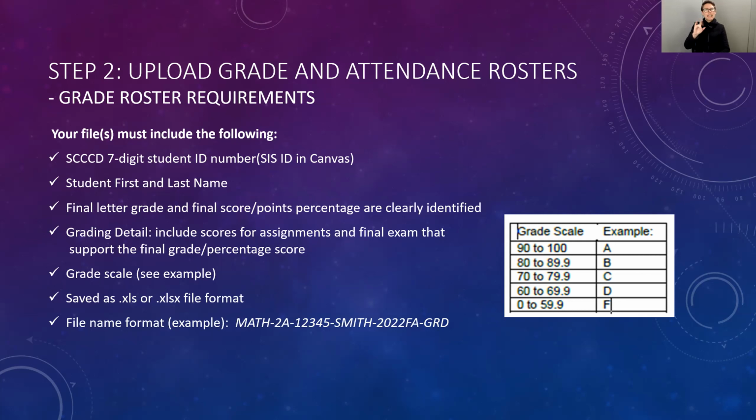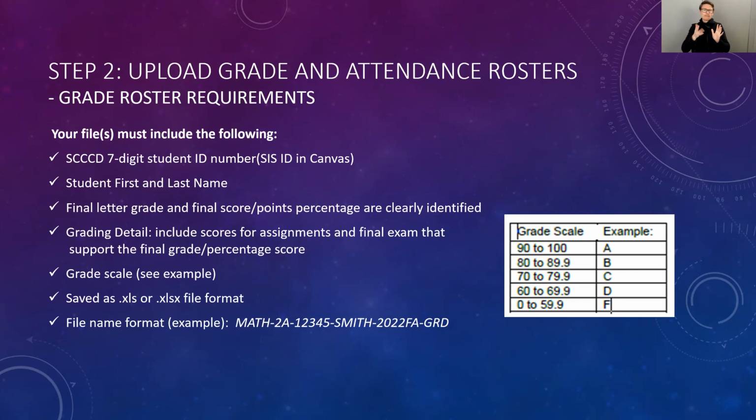We also require the student's first and last name. Sometimes we get students with the same name, or a lot of them have the same last name, so we need to identify each student. They need their final letter grade and final score in points or percentage, depending on how you calculate your grades, listed and clearly identified, as John went over in the highlighting of your file.